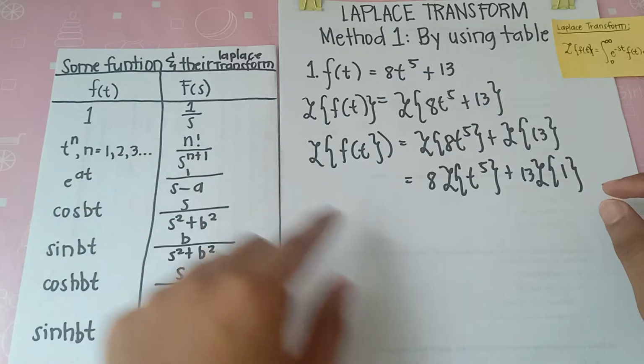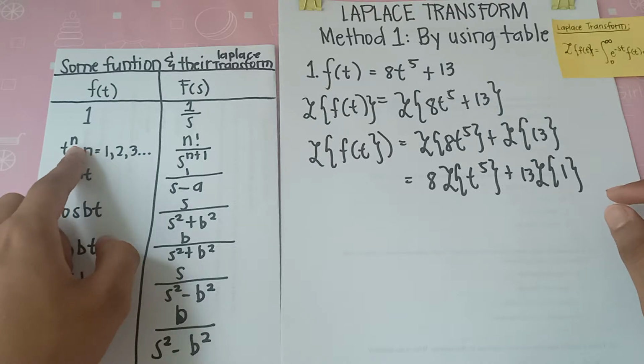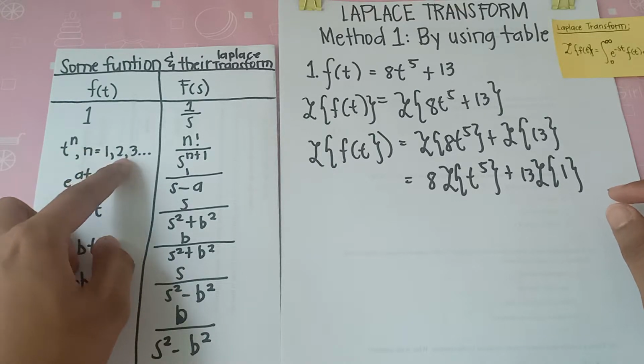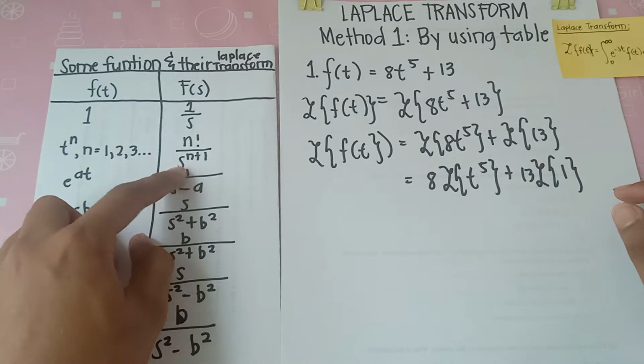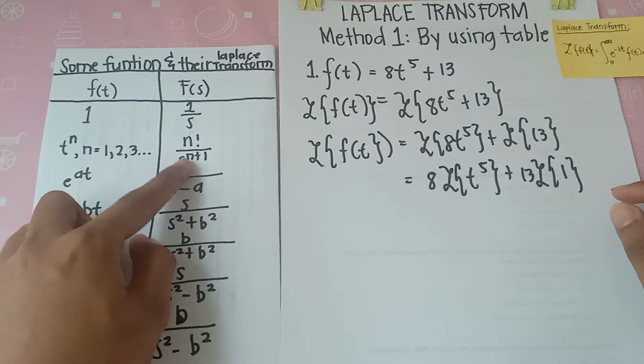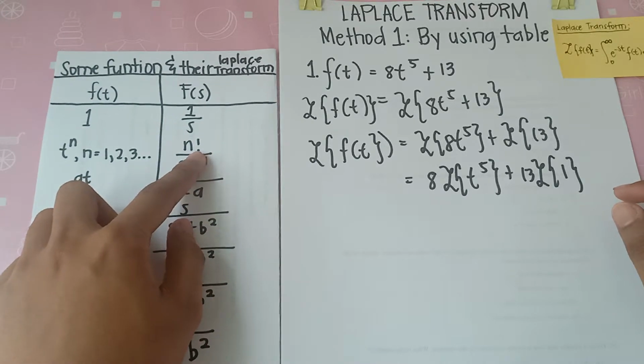Then t to the 5 is equivalent to t to the n, where n is the exponent of any number, 1, 2, 3, and so on. The equivalent Laplace transform of this is n factorial over s raised to n plus 1. This factorial tells us how many numbers we multiply.